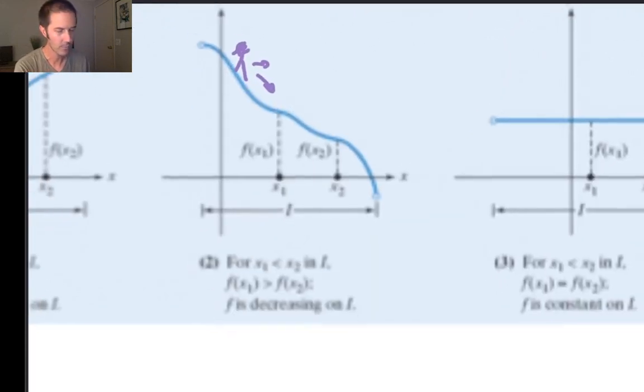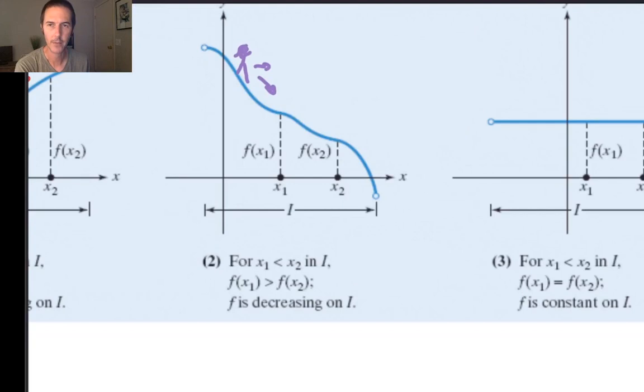Now, we're not always going to look at the entire function and ask, is the entire function increasing? We might only look at a particular part of it. And in this case, we're looking at it on this interval where the x values are only going from x1 to x2.